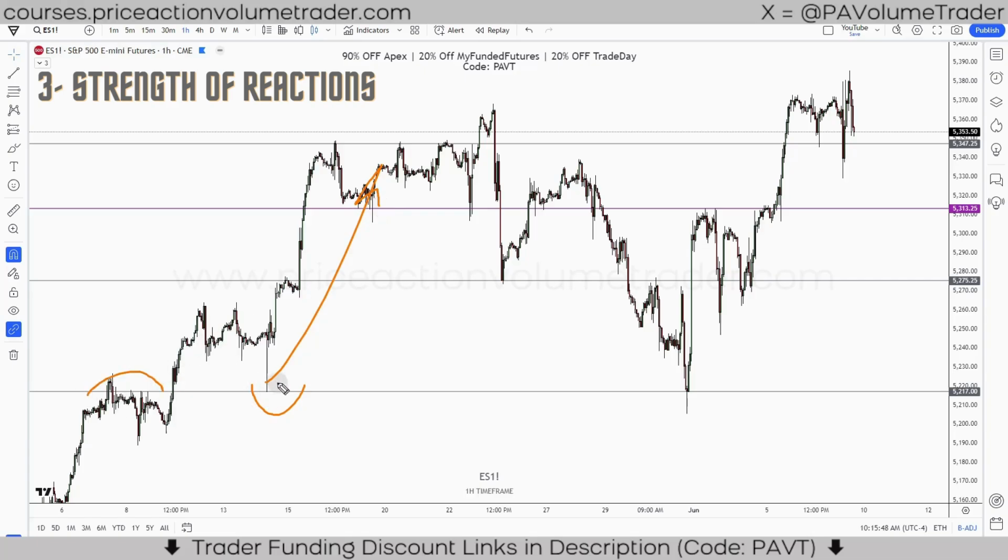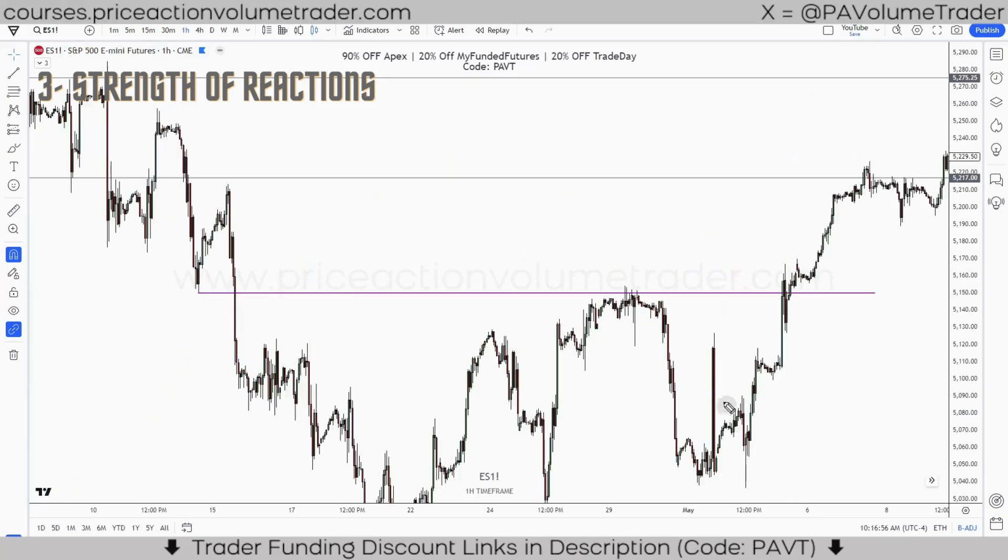Once we broke resistance and retested, we came back to it almost a month later, and again we had a huge reaction off of this level. This one's again a big reaction off of this from the top side. We broke below, big reaction from the underside, etc. So this factor, not only the number of touches from either side, but how big the reactions are, is going to be a very important factor as well.